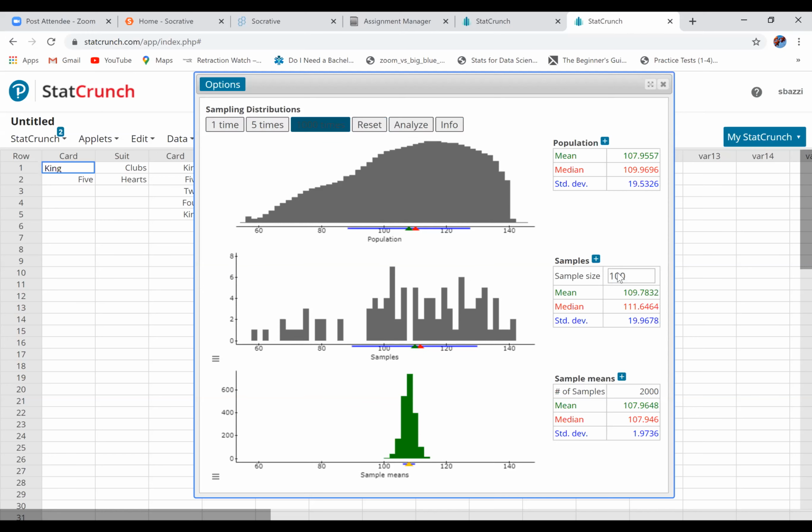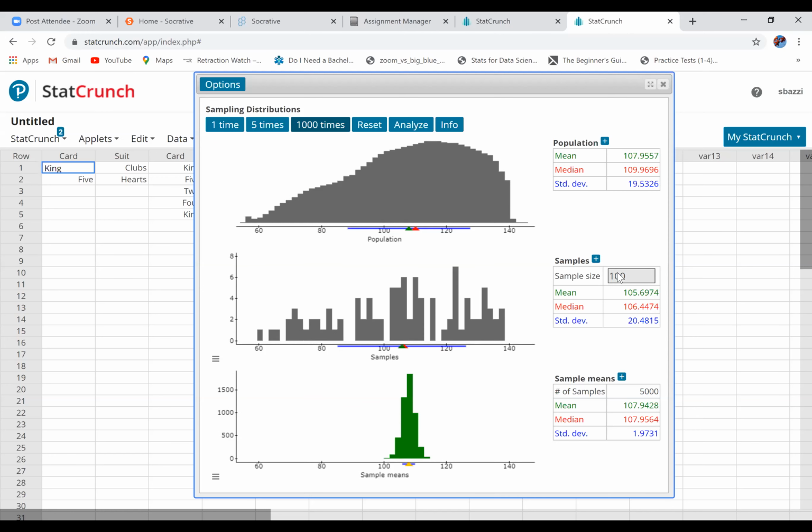One more. Let's do 10,000. There you go. Okay, watch, guys. The original mean is 107.9557. Look at the mean here, same thing. 107.9364, very close, so almost the same mean.